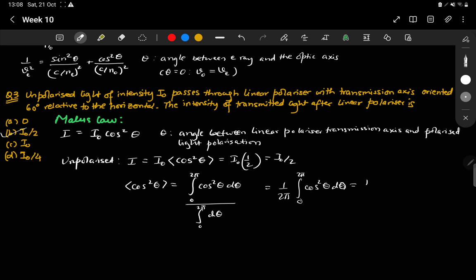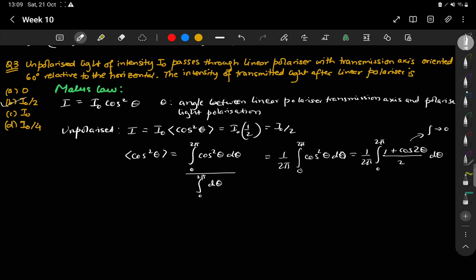Now from trigonometric identities, we know that cos squared theta is nothing but 1 plus cos 2 theta over 2, and cos 2 theta integrates out to 0.